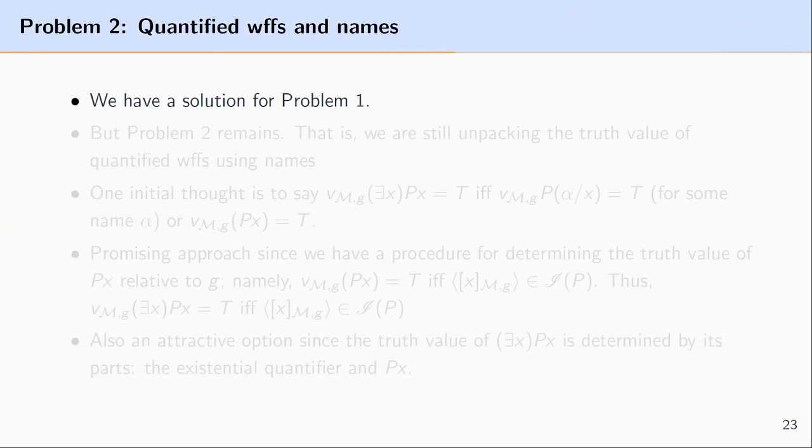So what we have now is a solution for our original problem, and that problem was that while the valuation function was defined for closed atomic formulas like PA, PB, RAB, it wasn't defined for open atomic formulas like PX, PY, RXY.